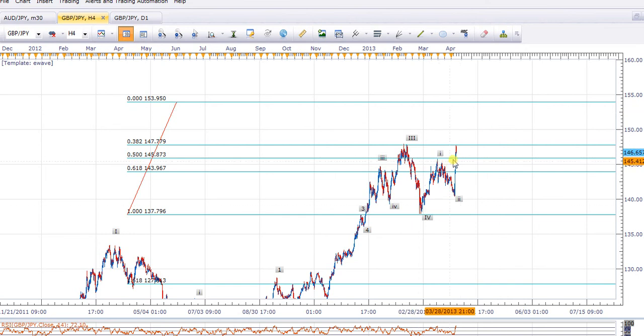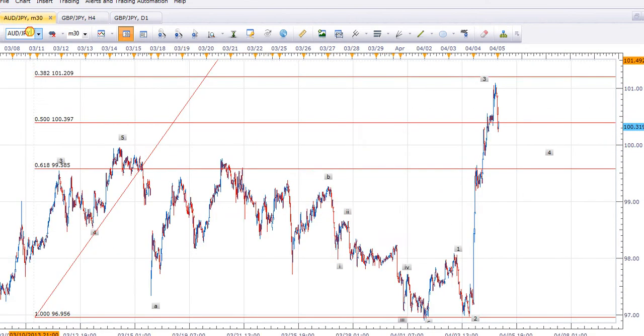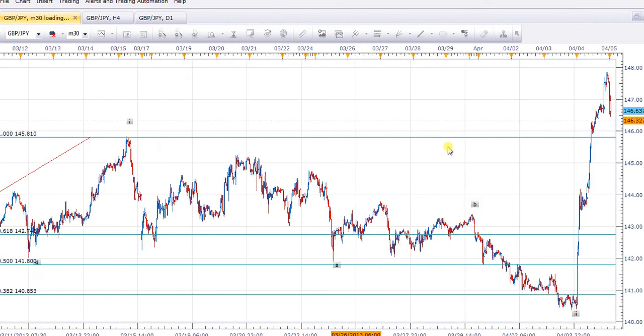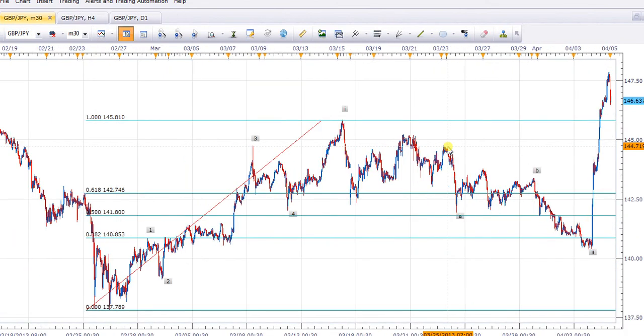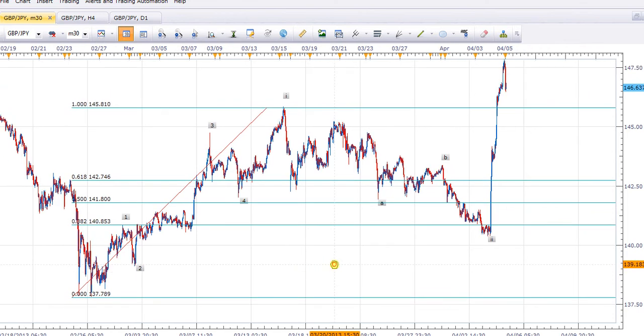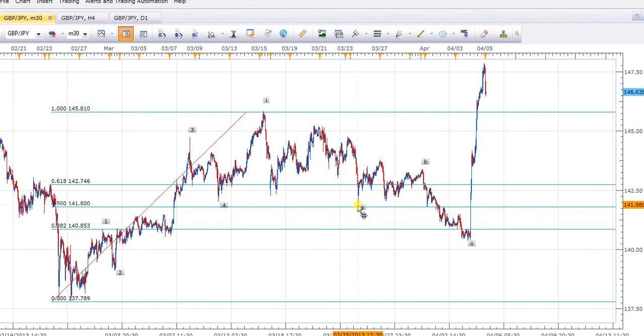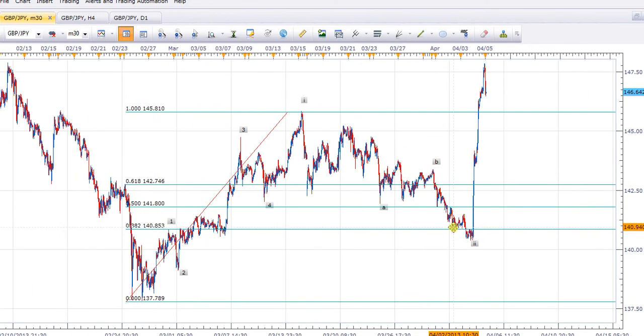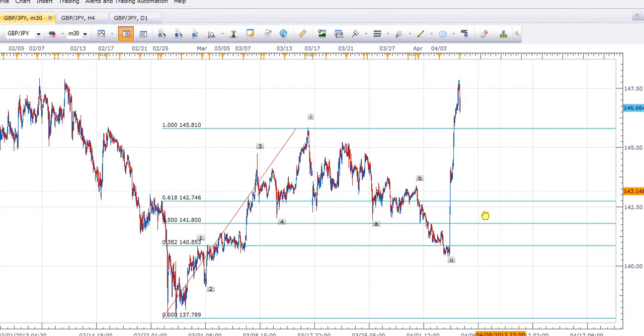So now we saw that wave 1, let's just go down a smaller time frame, get a better look. So now we see that wave 1 was completed, then it retraced about 61.8%. And then we should see that wave 2 push a bit higher.